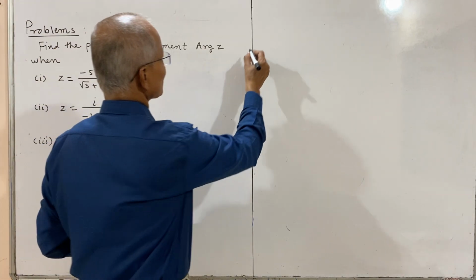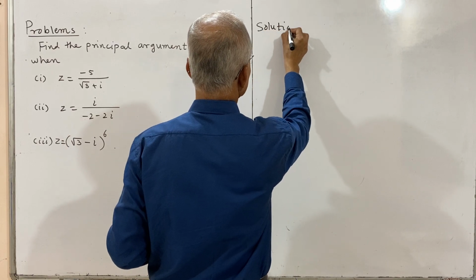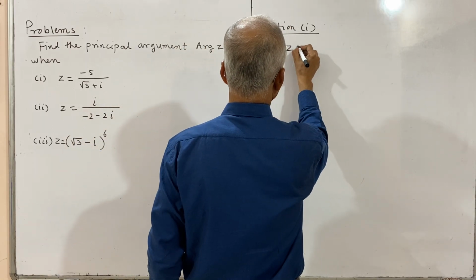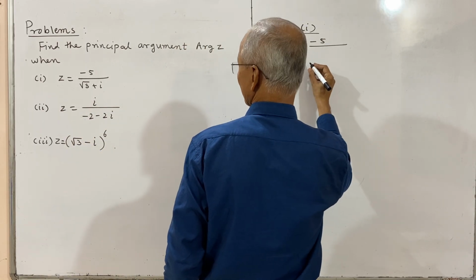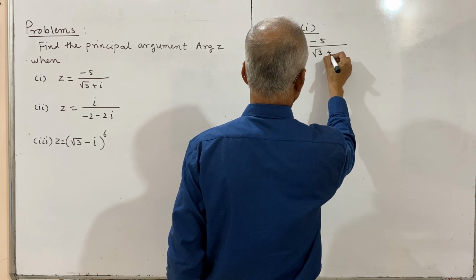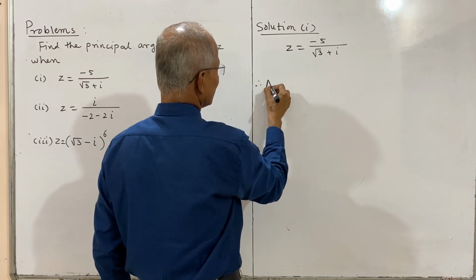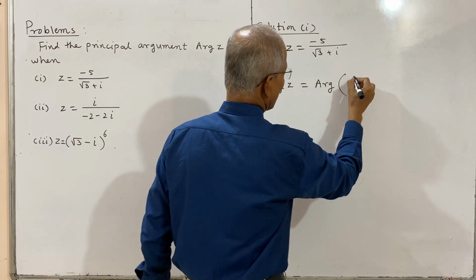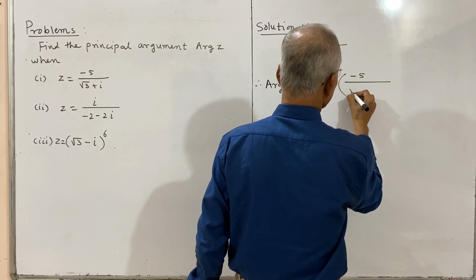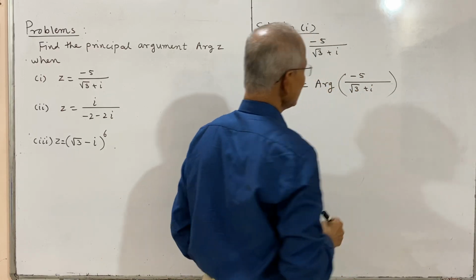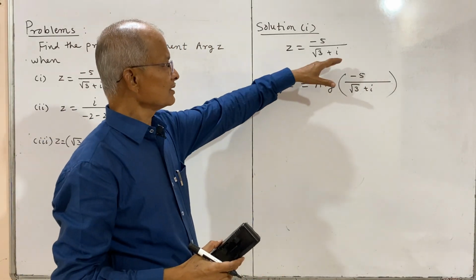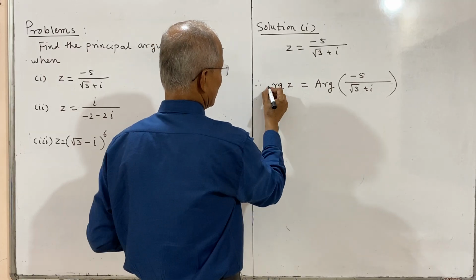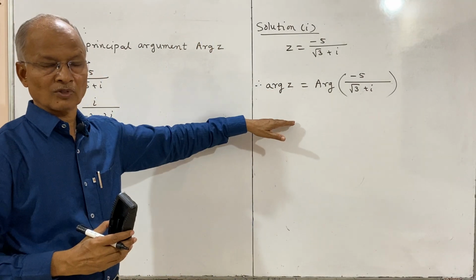First we shall solve the first one. z is equal to -5 divided by root 3 plus i, and therefore argument of z is equal to argument of -5 divided by root 3 plus i, and we have the result for argument of z1 by z2. We will now write a small a because this is the general argument, not the principal argument.